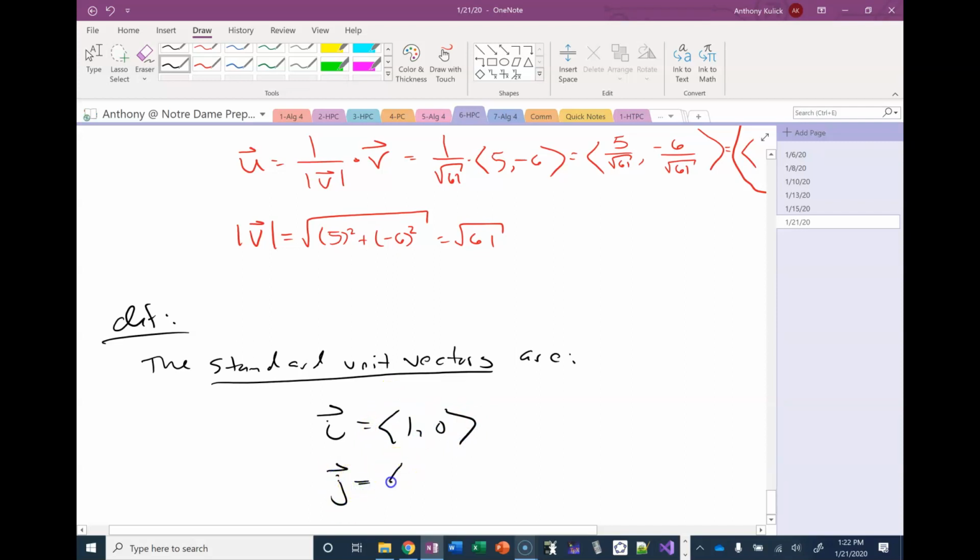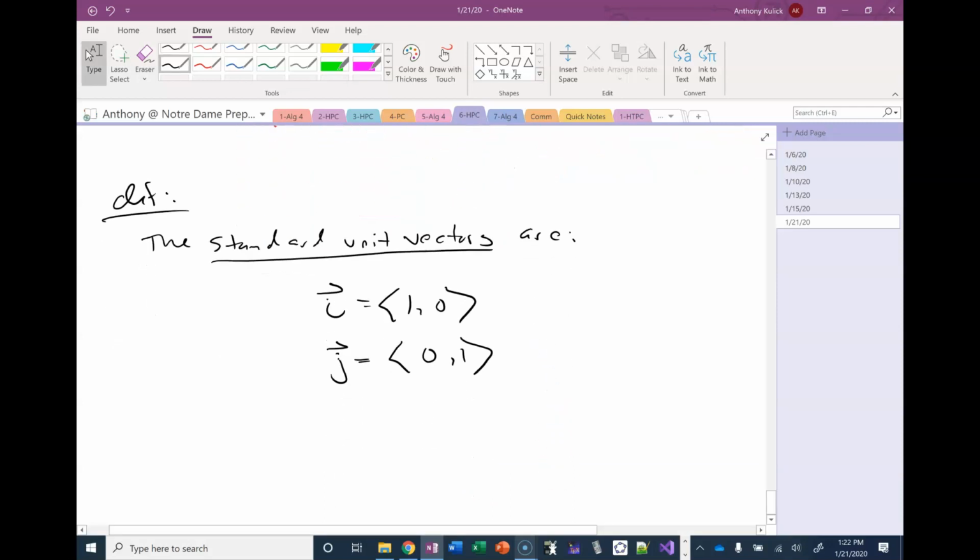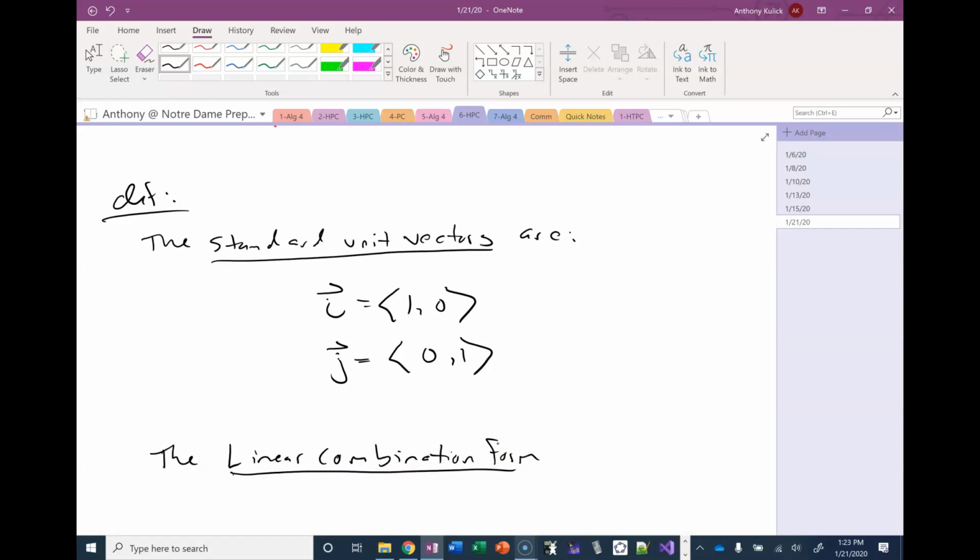And the second one is the vector j, which is the vector 0, 1. These 2 vectors are important because they unlock a fifth representation of a vector called the linear combination form.